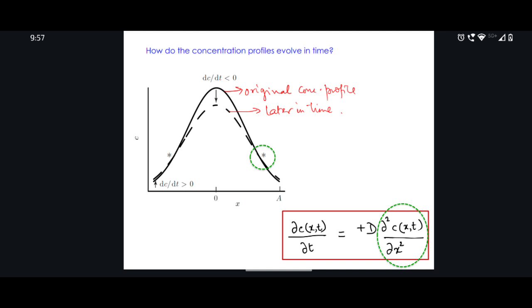But if I really have a concentration profile with this crash, think about it a little bit. I understand your conundrum. That does not make intuitive sense. That if I have a concentration profile that is very sharp here, why would the other particles not diffuse to this side?